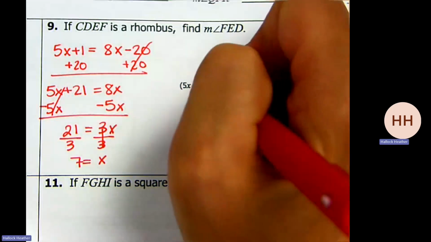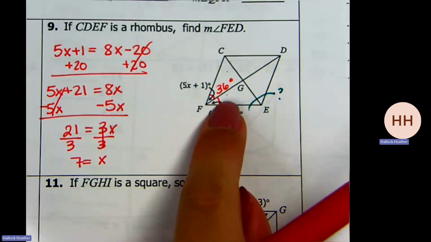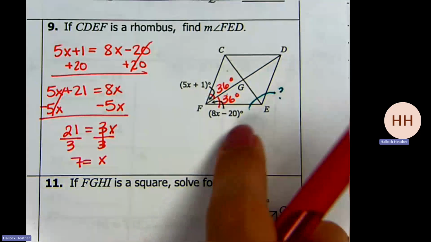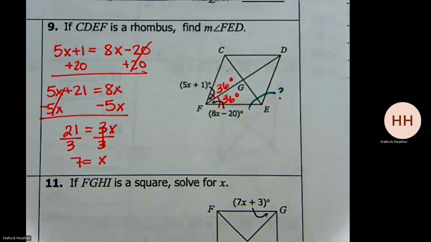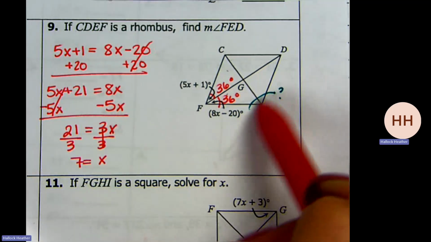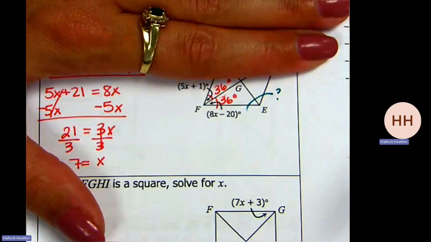So this angle is 36 degrees. What's going to be on the other side of my little 36? How could I find what FED is going to equal? Beautiful. So I'm going to add them together, subtract it from 180, and that's going to give me this angle because if I cut it in half, half the picture adds to make 180.